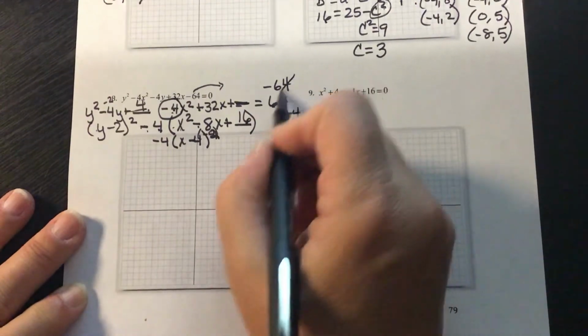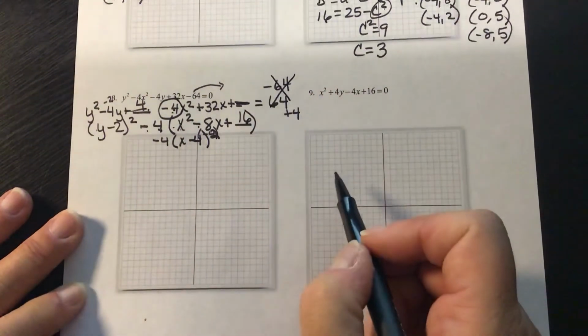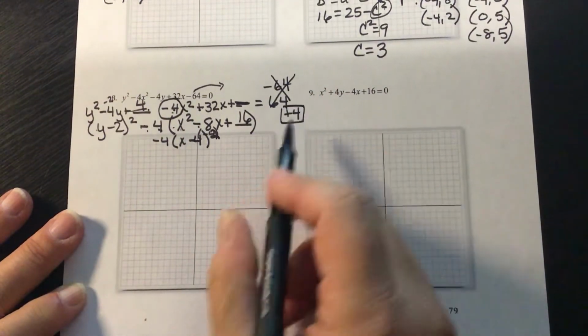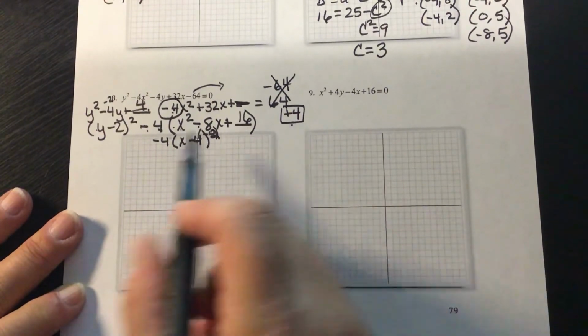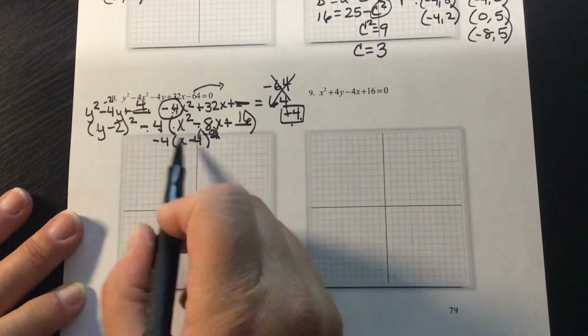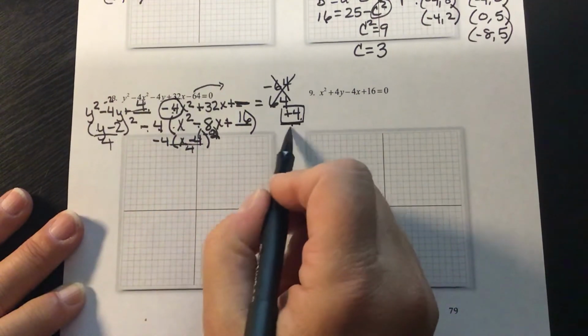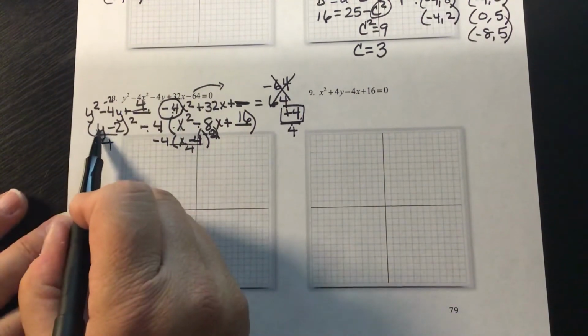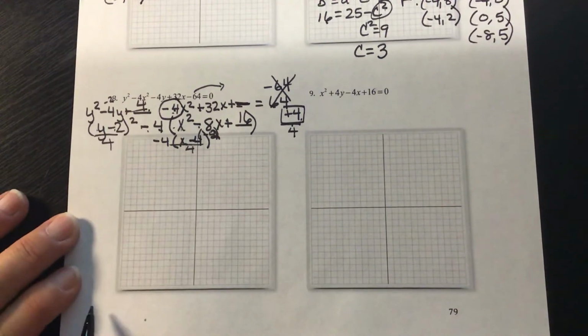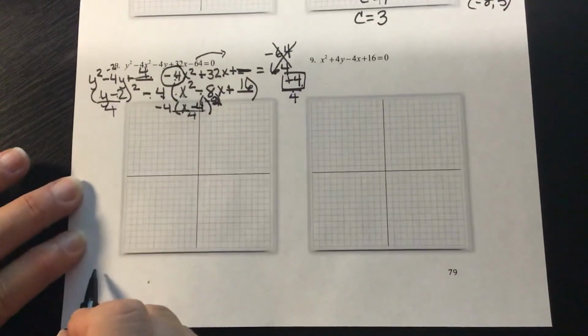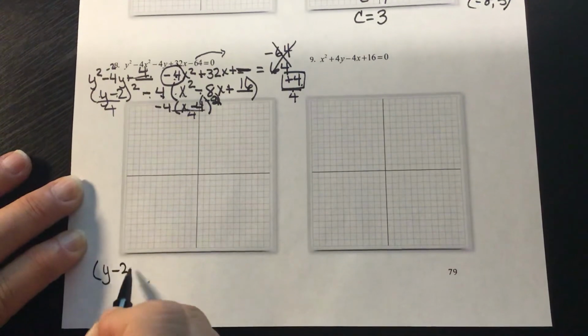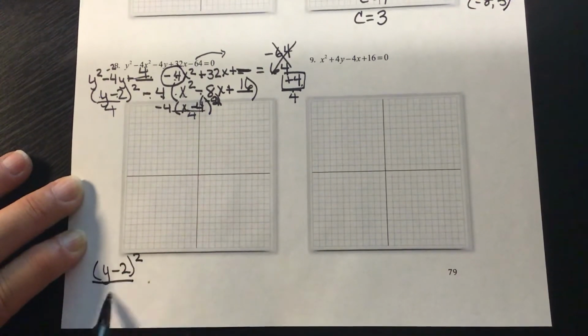So what I have here, my 64s will cancel. So I have that equaling 4. So I want to divide every part by 4. So I have y minus 2 squared. I'm going to write this nice and neat down here. So y minus 2 quantity squared over 4.